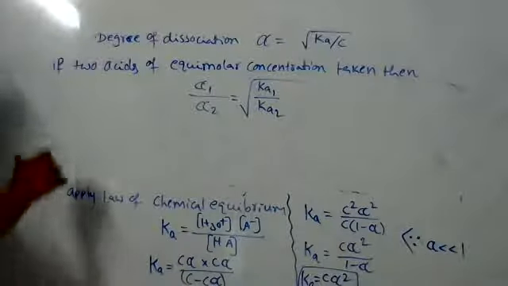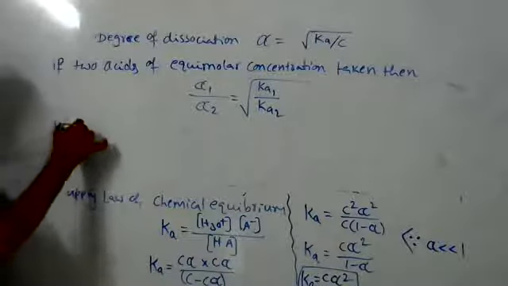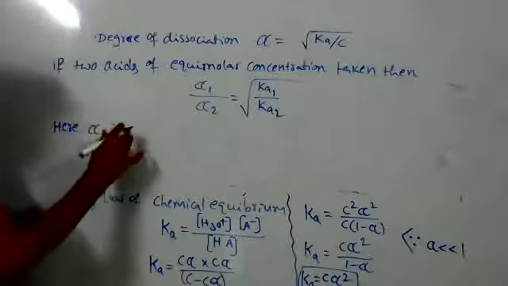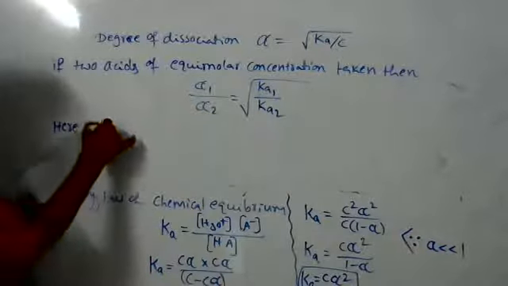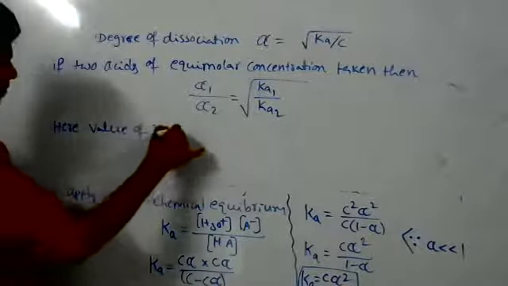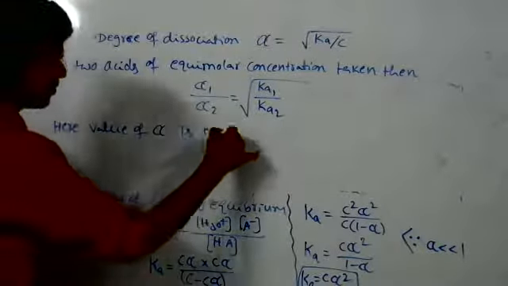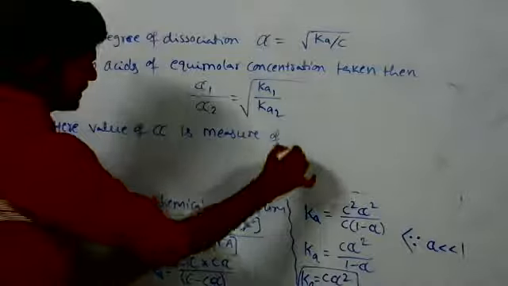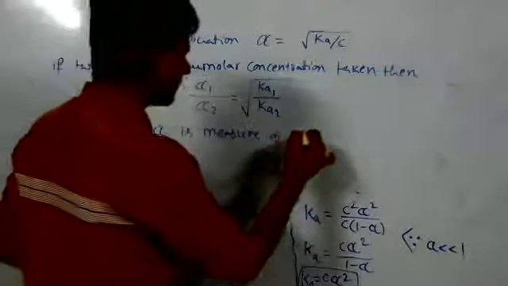So here the value of alpha is a measure of relative strength of acids.